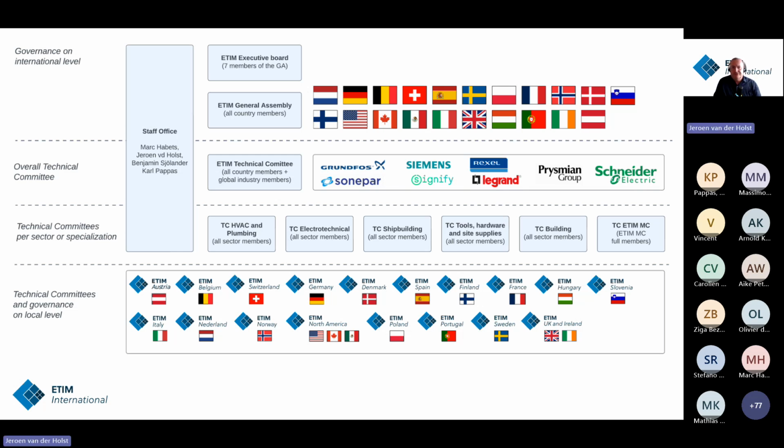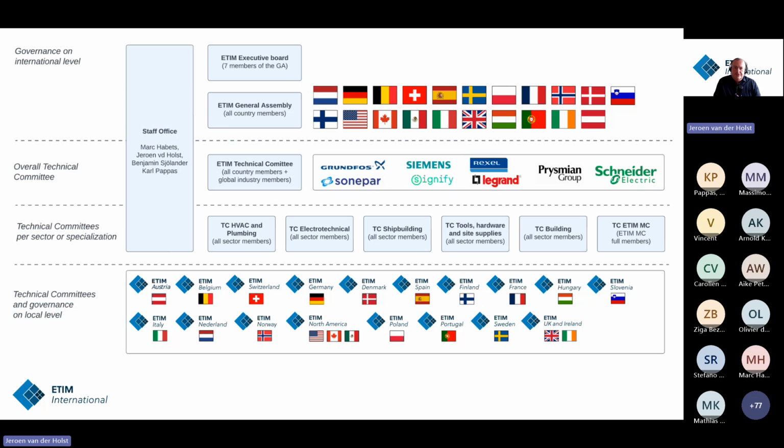The chapter organizations are its members. You have ETIM Spain, ETIM Netherlands, ETIM France. These are mostly local industry and trade associations, or collaborations of multiple of these associations in a country.